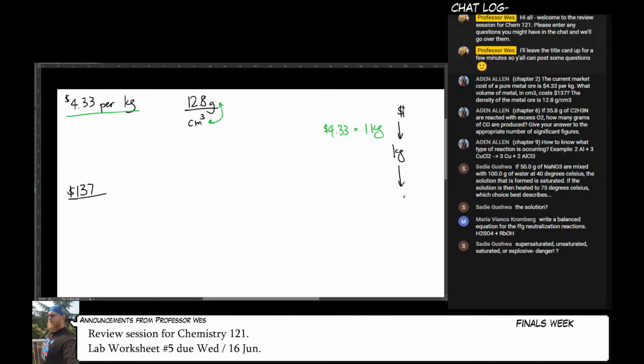So we'll just turn kilograms into grams into cubic centimeters. And then we know the rest of these conversions. 1 kilogram is 1,000 grams, and the density was 12.8 grams per cubic centimeter. So now we can do all the conversions.